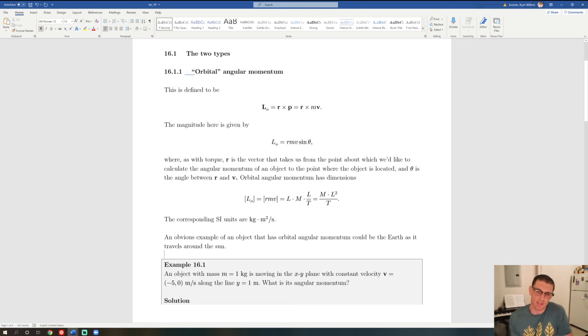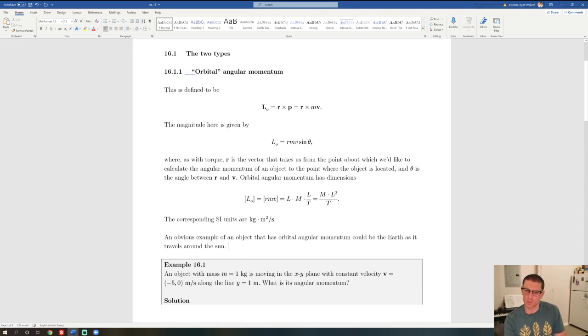The center of mass of the Earth is tracing out an ellipse, essentially, sort of like a flattened circle around the sun. And that's why I think it's very natural here to call this orbital angular momentum, because usually it's what we use to describe something that's orbiting something else. So this doesn't apply just to the Earth. Pretty much any planet, and the moon has orbital angular momentum as it orbits the Earth, and so on.